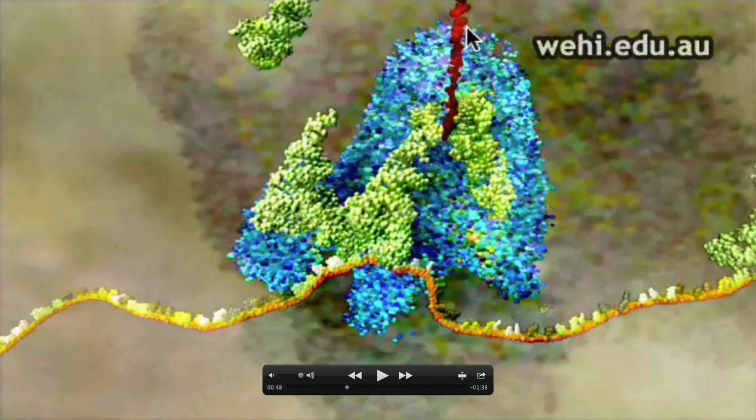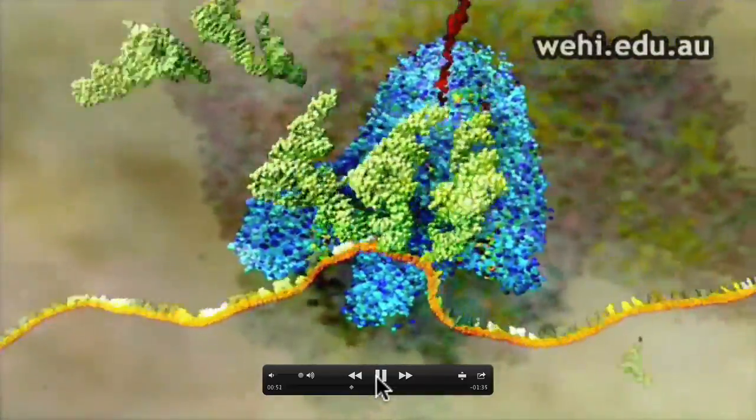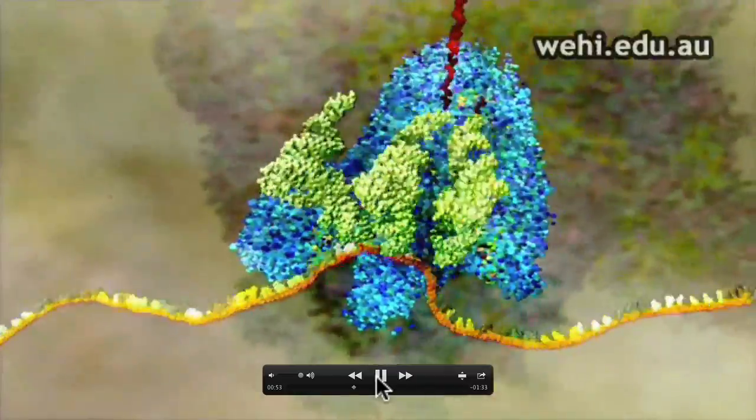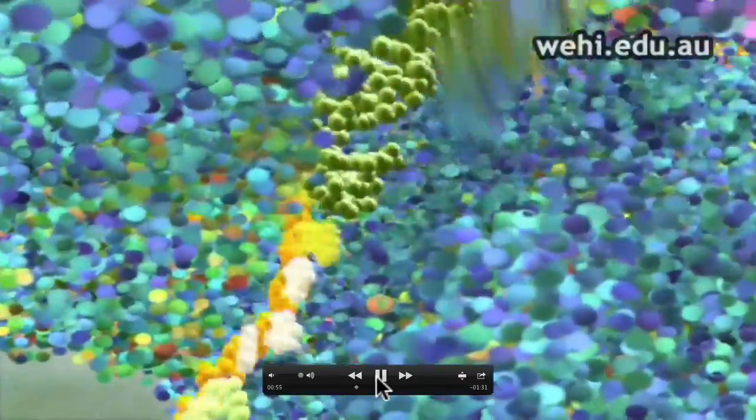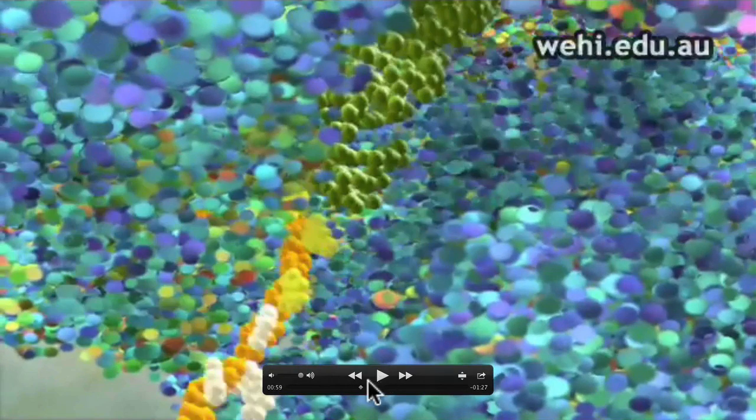And here's the growing polypeptide chain. So here's the codon-anticodon interaction of the incoming transfer RNA.